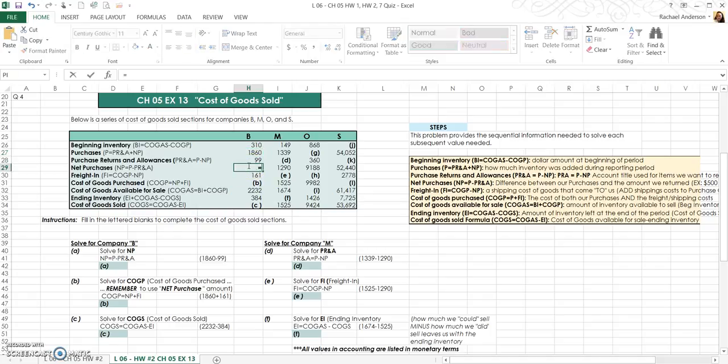Okay, have to put the calculation sign in there. And then we're going to minus our purchase returns and allowances value, which is $99.